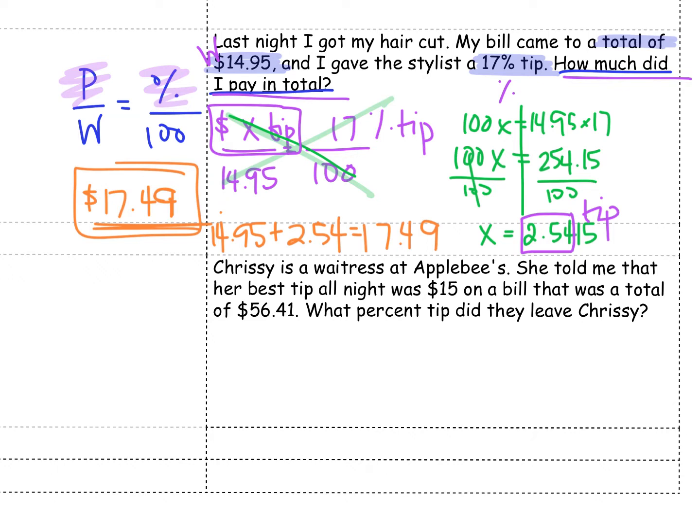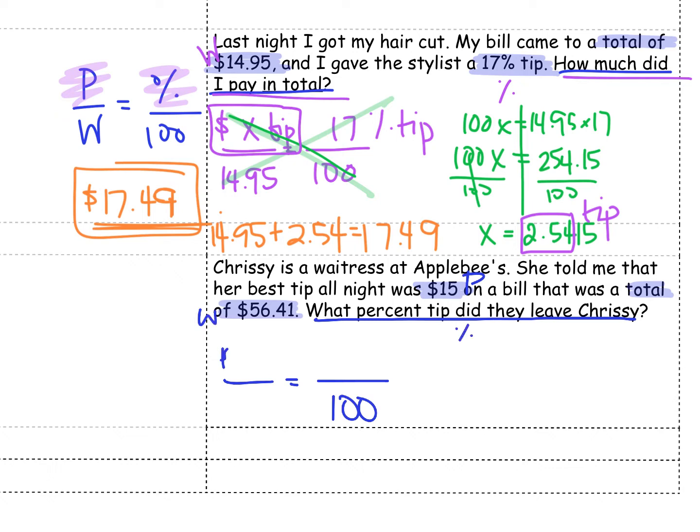Problem number 2 says that Chrissy is a waitress at Applebee's, and she told me that her best tip all night was $15 on a bill that was a total of $56.41. My question is, what percent tip did they leave? So when I set up my proportion, I have to think about, what are my numbers representing? The 100 goes there. The tip is the part, and the total bill is the whole, and I'm finding my percent.